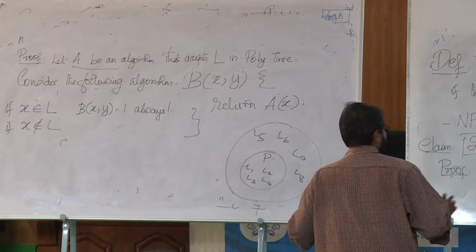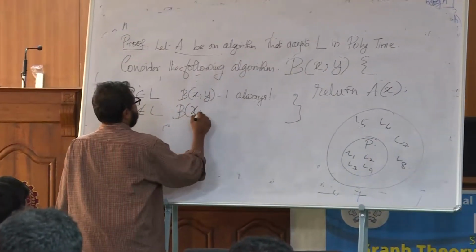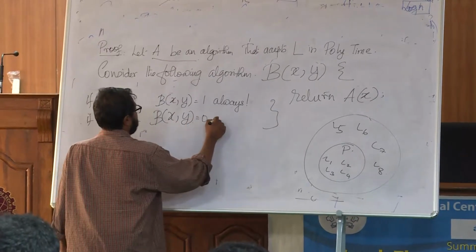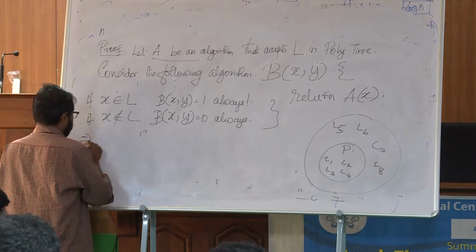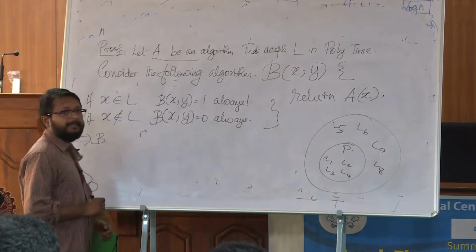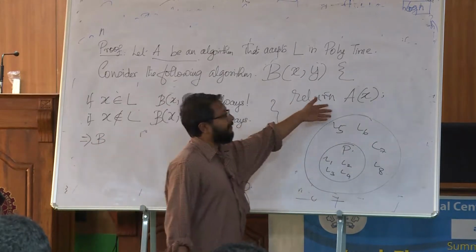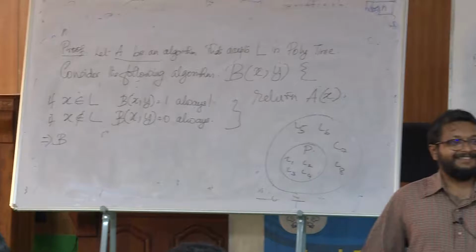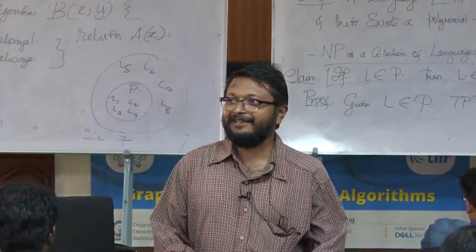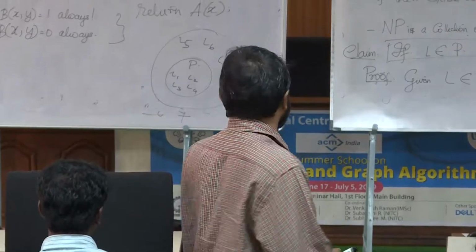So what we know is, B(x,y) is always 0. So B is a verifier. Why does B run in polynomial time? Because A runs in polynomial time and your constant y doesn't matter because you don't even look at y. So forget about the constants. Time is polynomial because A runs in polynomial time, everything is done.